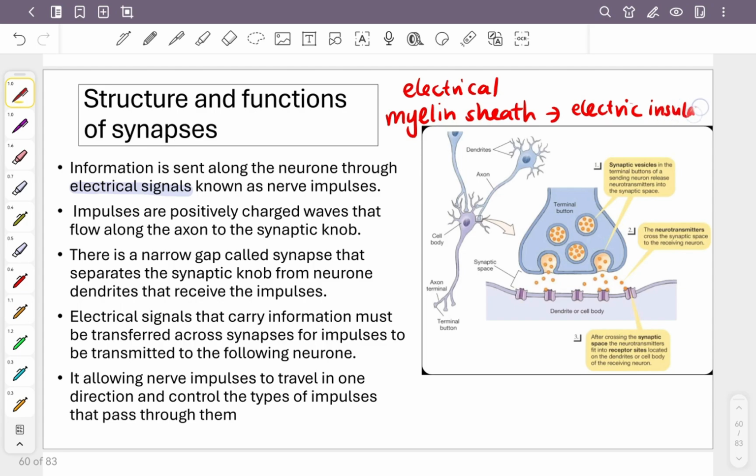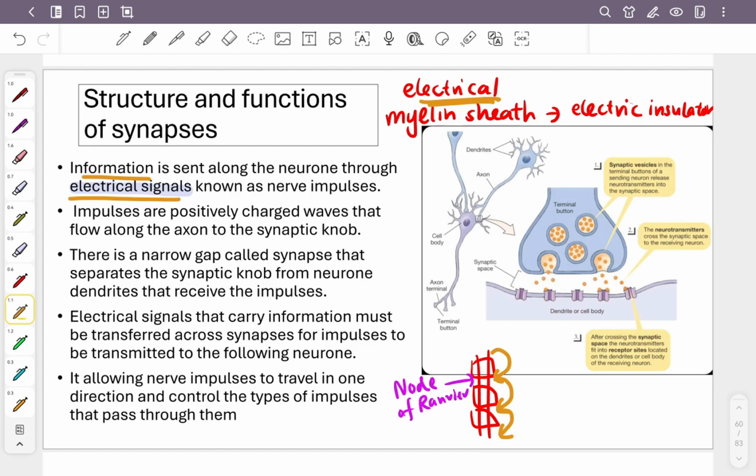Still remember, when you have the axon, you have a lot of myelin sheath, and then the nodes of Ranvier. The nerve impulses, being electrical, can jump from one node of Ranvier to another node. That is because the information is sent in the form of electrical signals.